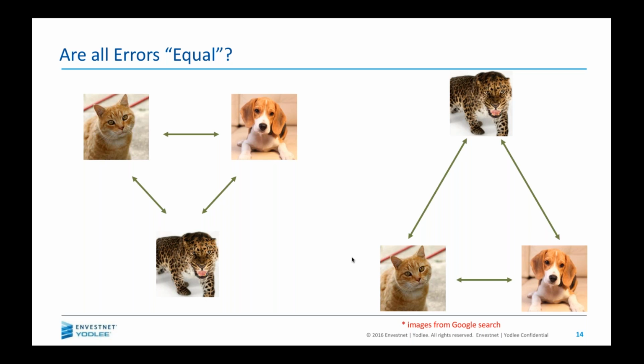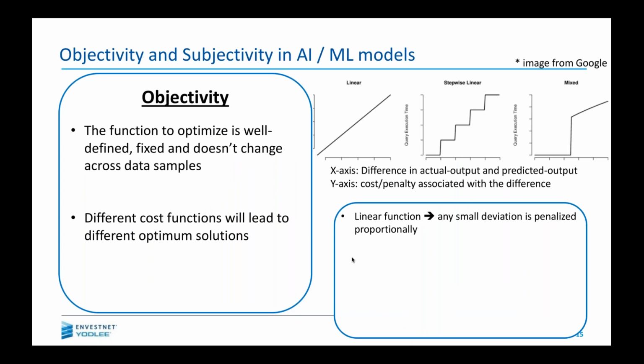So that's where your definition of what is an error becomes very important, and that's where the cost function that you're using to train your machine becomes very important.